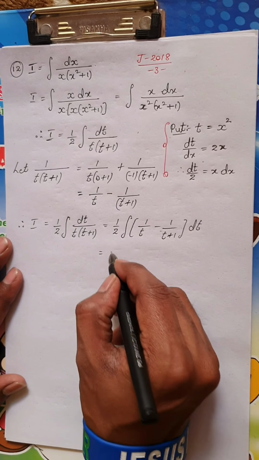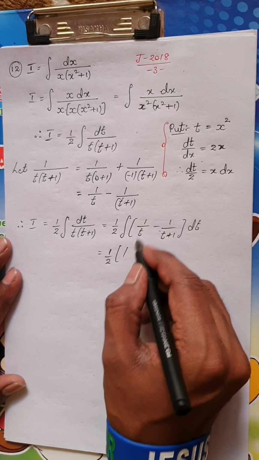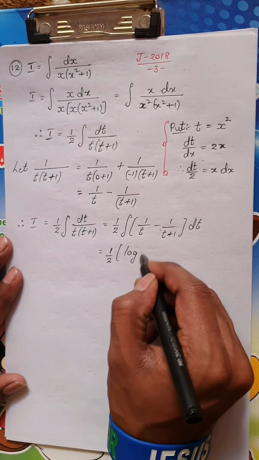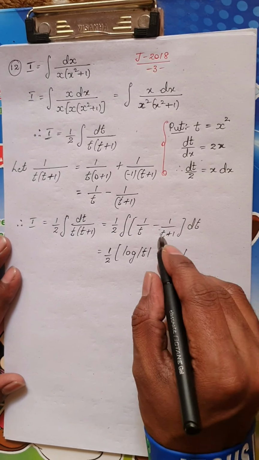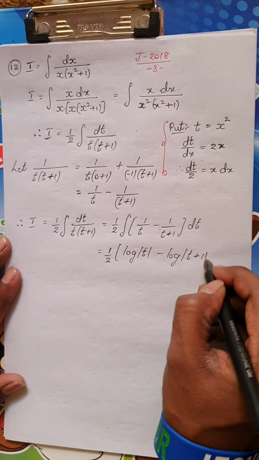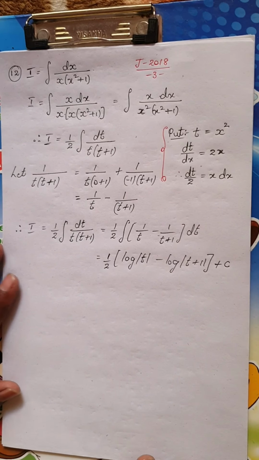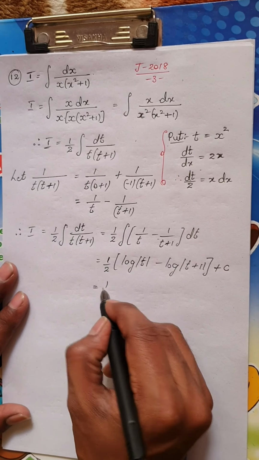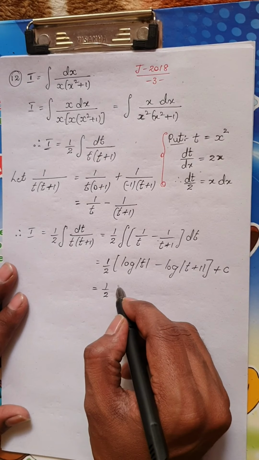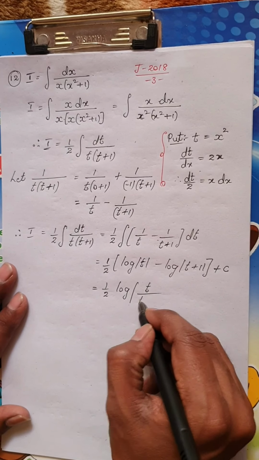So this can be written as 1 by 2 is a constant, integral of dt by t, isn't it? That is log of mod t. Similarly, this becomes minus log of mod t plus 1 plus c, which is the constant of integration. Okay. So this can be written as half into, you can use the properties of logarithms, log m minus log n can be written as log of m by n.